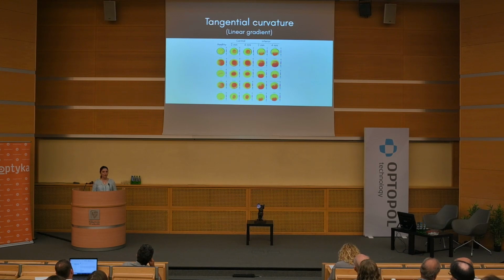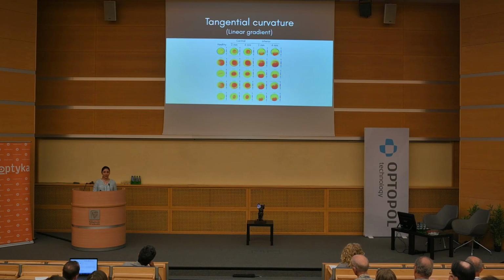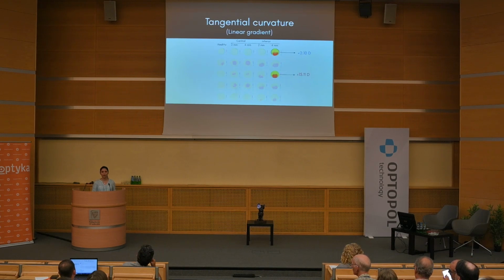So we are observing different patterns for the same structural weak spot. The first method, the linear gradient method, indicates mild to moderate keratoconus, where the difference between the pathologic cornea and the healthy cornea ranged from 2 diopters to about 15 diopters.